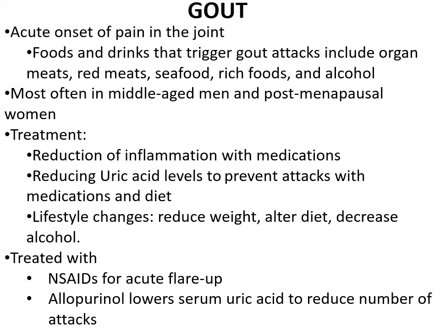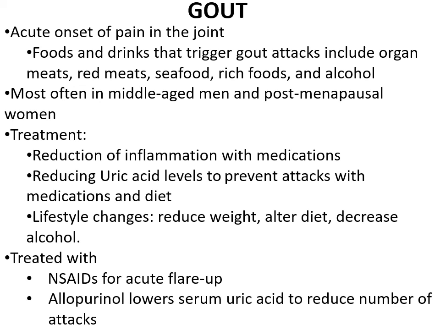So think of very rich foods, especially meats, that are a trigger for a gout attack because of increased uric acid consumption. Okay, and typically gout is in middle-aged men or postmenopausal women. Okay, why postmenopausal women?